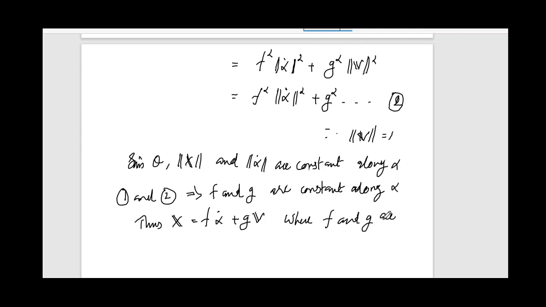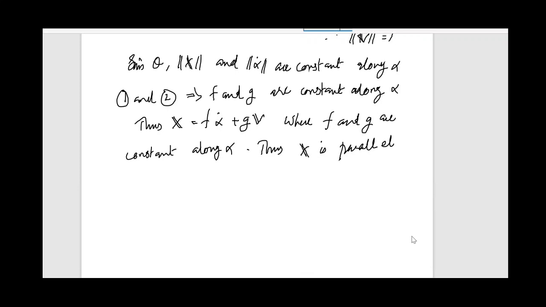Thus x is parallel along alpha by property 4. So this is the proof of the corollary.